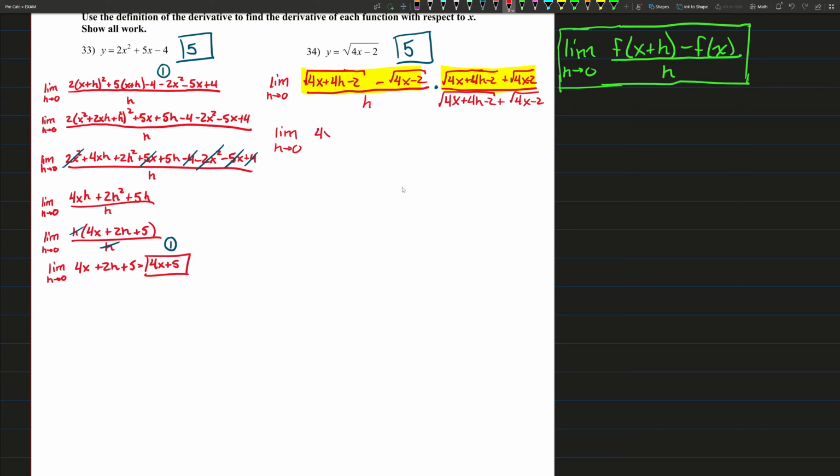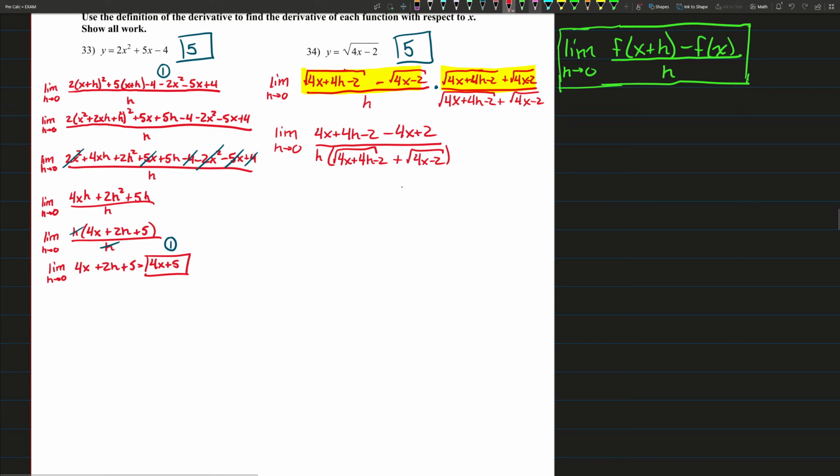So we get 4x plus 4h minus 2 minus (4x minus 2). So we get minus 4x and then plus 2. All over h times that factor. So the square root of 4x plus 4h minus 2 plus the square root of 4x minus 2.